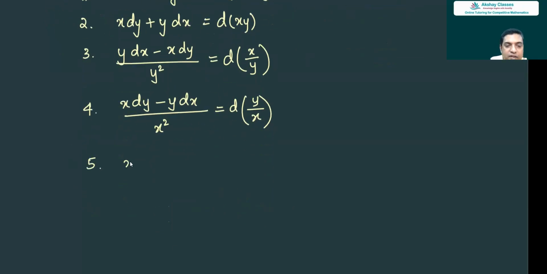Now, if we have x dx plus y dy, the integral will be x square by 2 plus y square by 2. So this is the exact differential of half of d of x square plus y square.